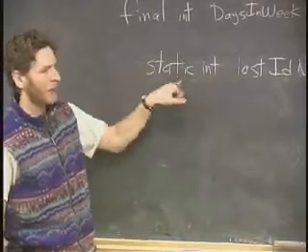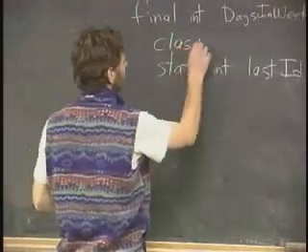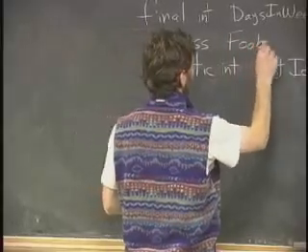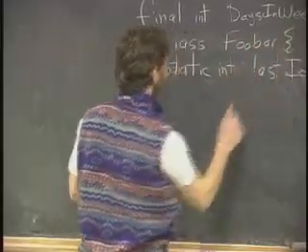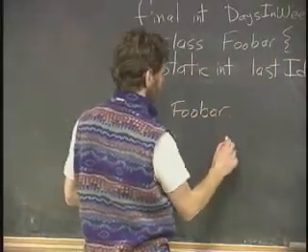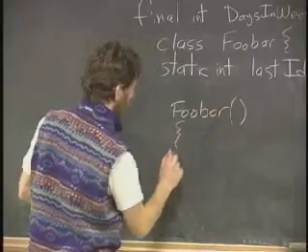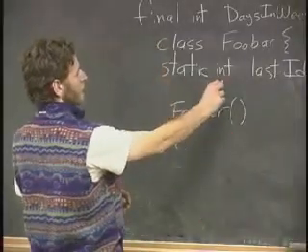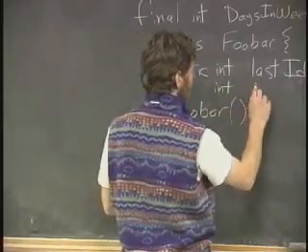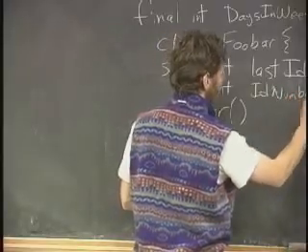Since this says static, it's part of the class. So in the constructor we have static lastIDNumber, and then we also have int IDNumber, which is not static.